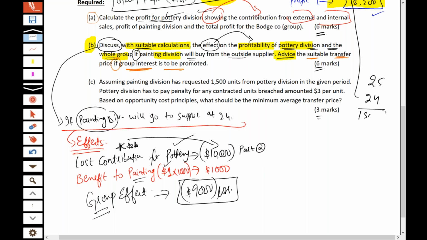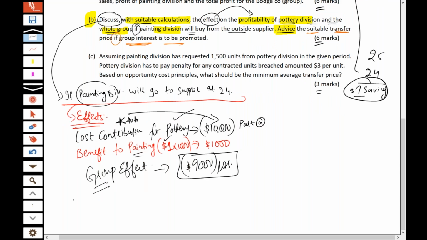All right, so now tell me, who is in the higher bargaining position, the buyer division or the seller division? Now, this was the first part which you will have to discuss. I strongly recommend all of you to type this answer on the ACCA platform. This will boost your confidence.